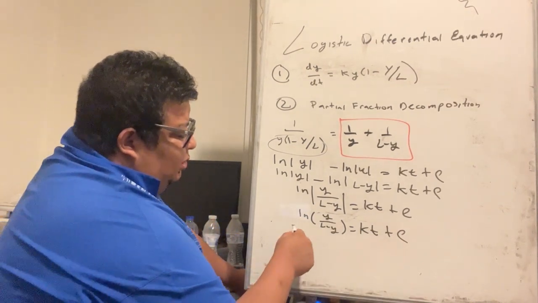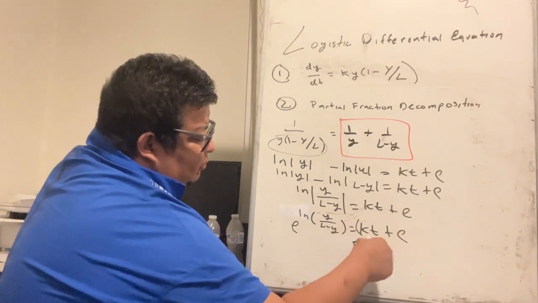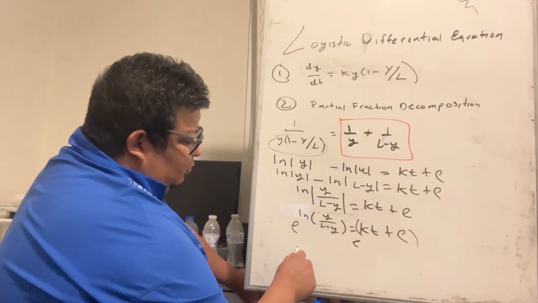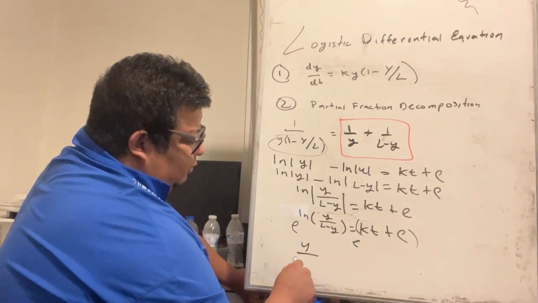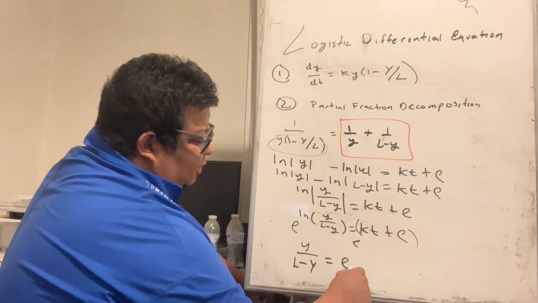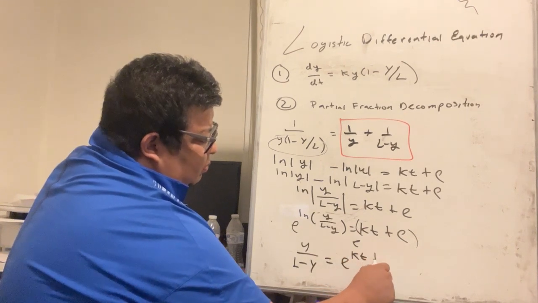Now we take e on both sides, and this becomes y over L minus y equal to e to the kt plus c.